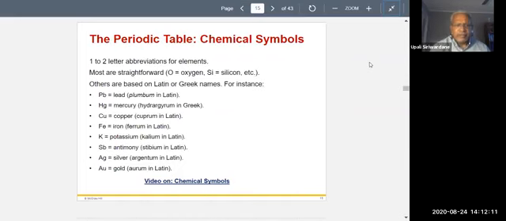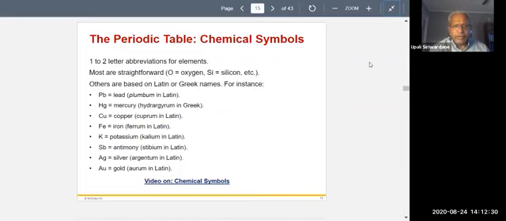It's a 1 or 2 letter abbreviation for each element. You look at the English name of the element and abbreviate. For example, oxygen is O, silicon is Si.